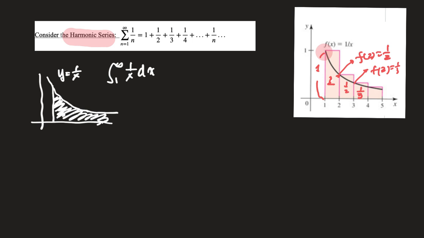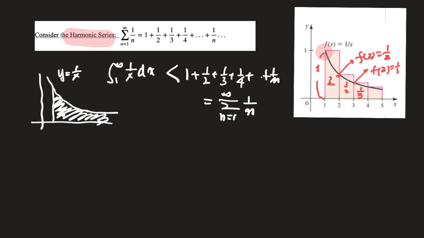So the sum of the areas of the rectangles, 1 plus 1 over 2 plus 1 over 3 plus 1 over 4, which is the summation n equals 1 to infinity of 1 over n, the harmonic series, is greater than this area. So let's evaluate this improper integral first.